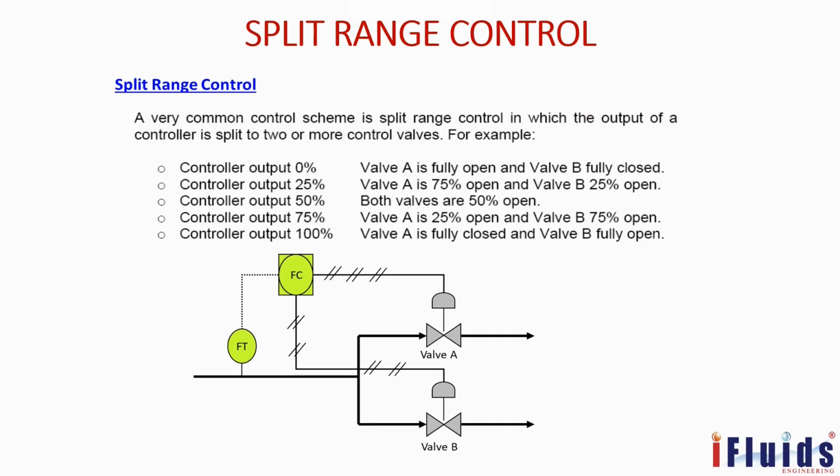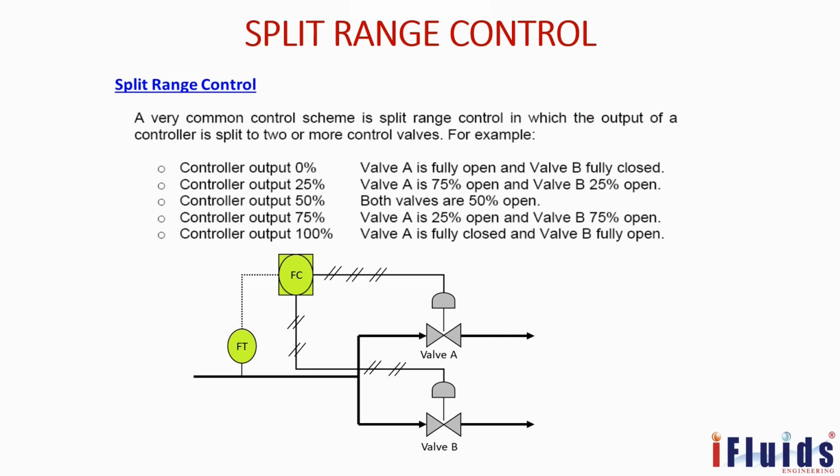Now we are going to see split range control, a very common control scheme, in which the output of a controller is split into two or more control valves. For example, at controller output 0, valve A is fully open and valve B fully closed. Controller output 25%, valve A is 75% open and valve B 25% open.